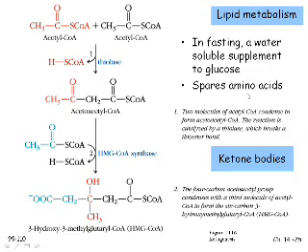Now, you remember when we were doing gluconeogenesis that you had to have carbon backbones to make glucose out of. And you may remember that I said fatty acids don't provide those carbon backbones because when you burn a fatty acid, it comes in as acetyl-CoA and 2 carbons come out. We even went through the metabolism of how plants can make sugar out of fatty acids, though we can't.